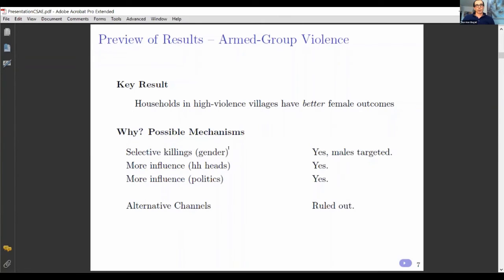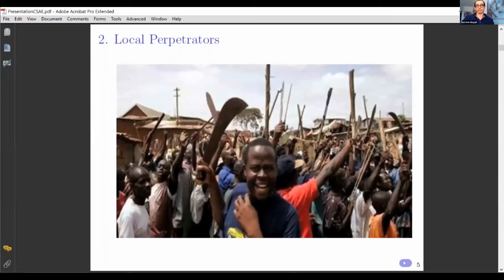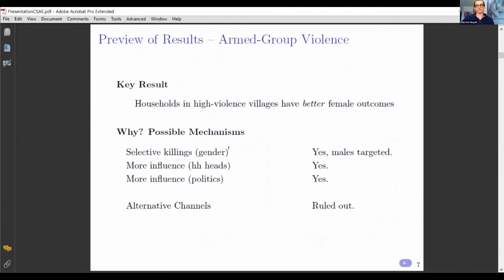So just to give you a quick preview of the findings. We find that in places with a lot of external violence, women do better across the board. Better, richer, healthier, wealthier, more physical autonomy, more sexual freedom, less domestic violence, you name it.